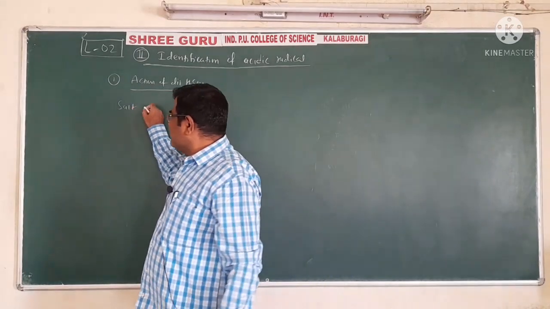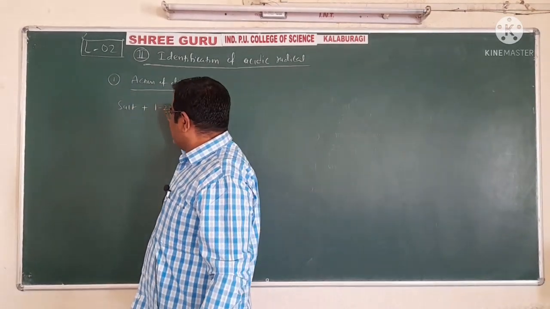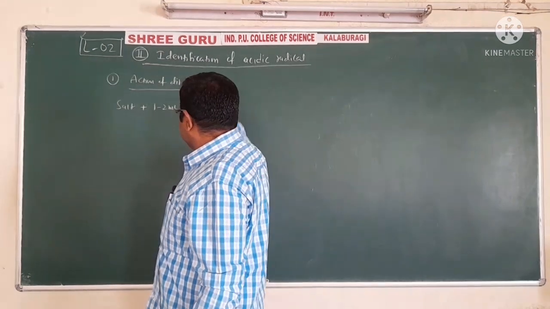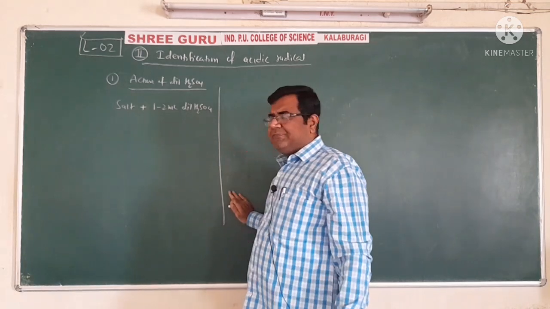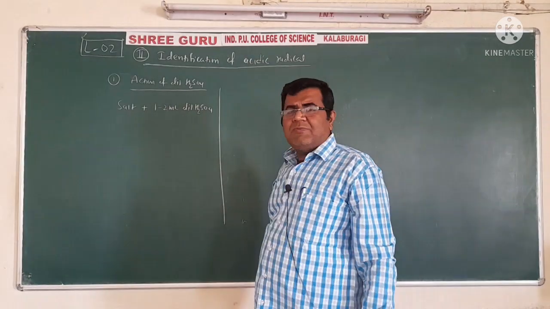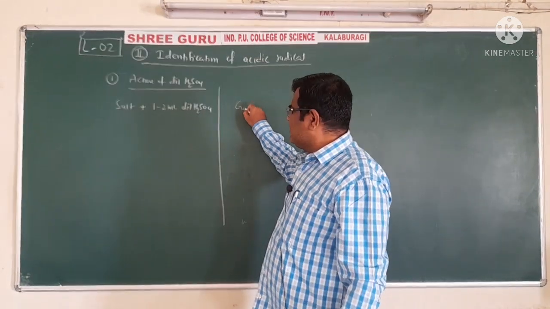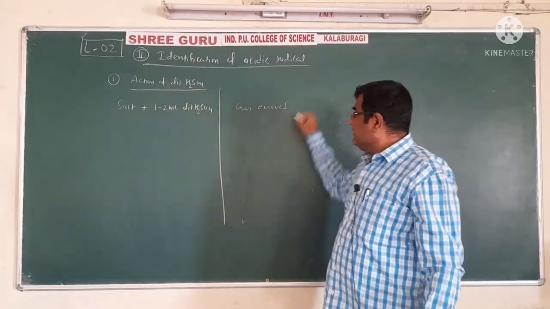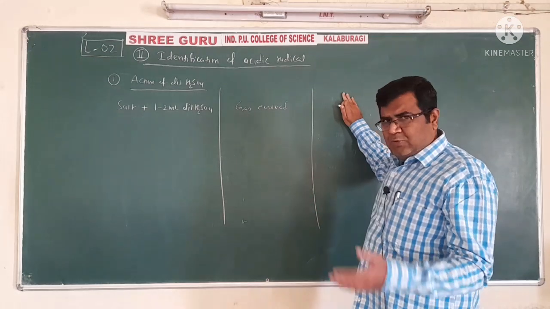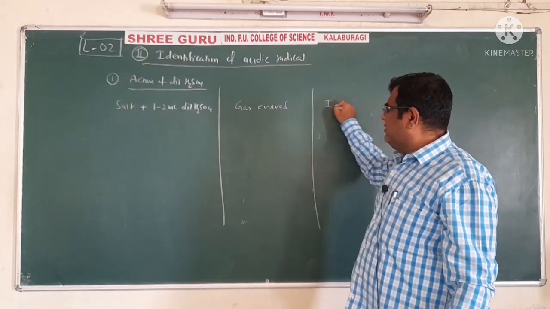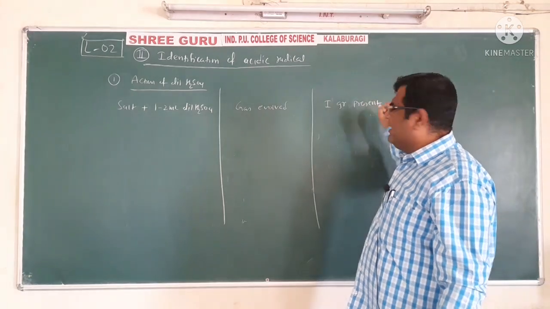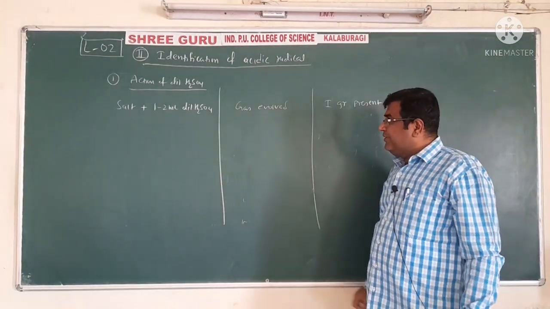So salt plus 1 to 2 milliliter dilute H2SO4 is what we write in the test column. Now what is there in the observation column? We have to write gas evolved. This may happen, gas may evolve if you have group 1 present, and we have to write first group acidic radical present.